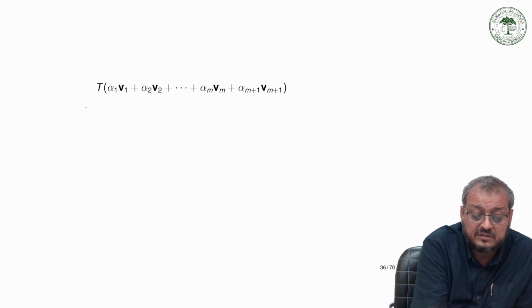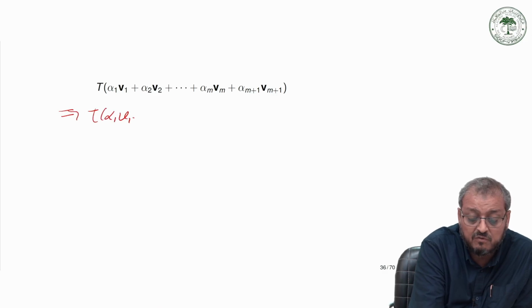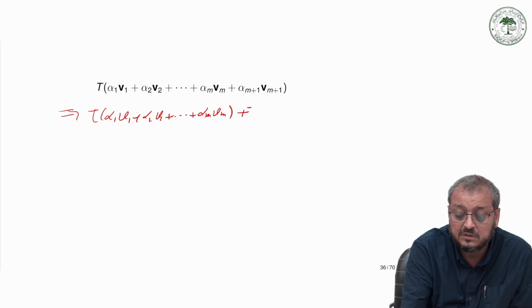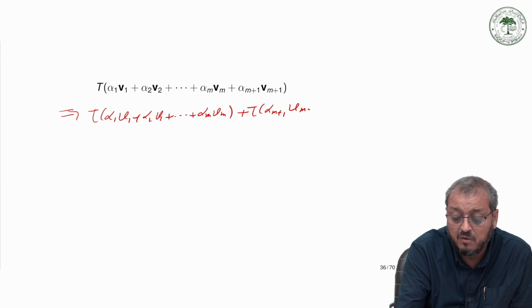Now because T is linear, we can write this as T of alpha 1 v1 plus alpha 2 v2 plus so on plus alpha m vm, plus T of alpha m plus 1 v m plus 1.